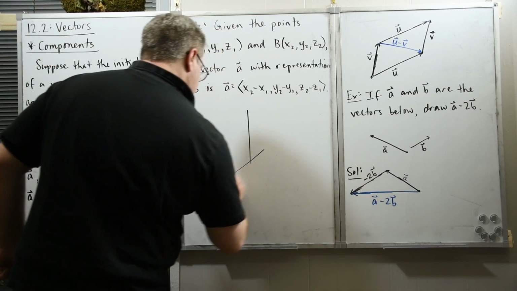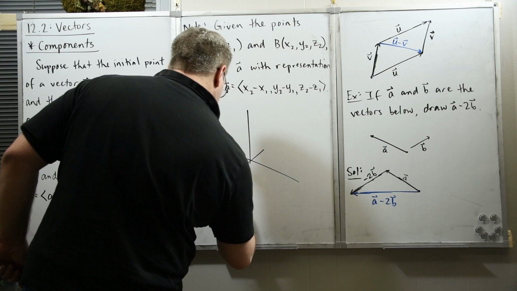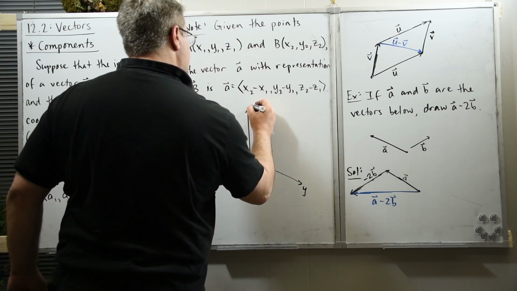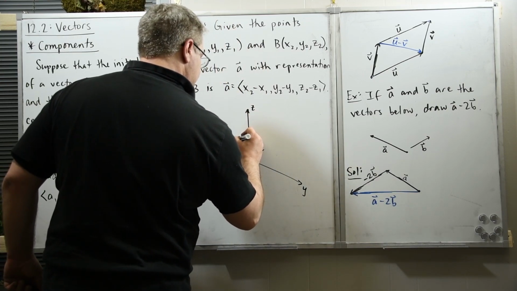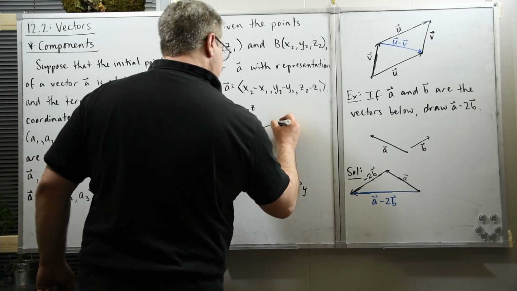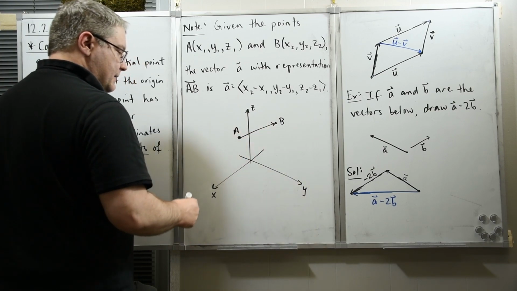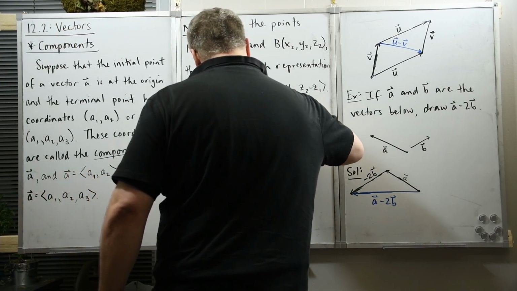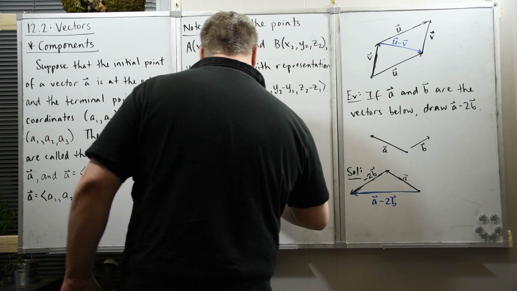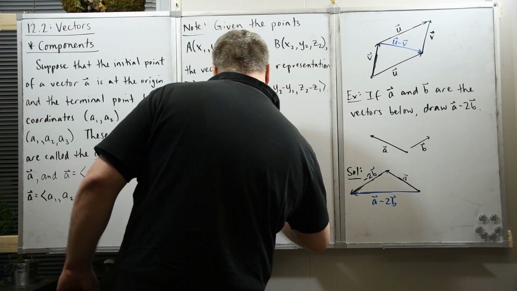So if you were to take a look at a situation like the following, where you have a vector where here is your point A and here's your point B, maybe the image of the point A in the xy plane looks something like this.